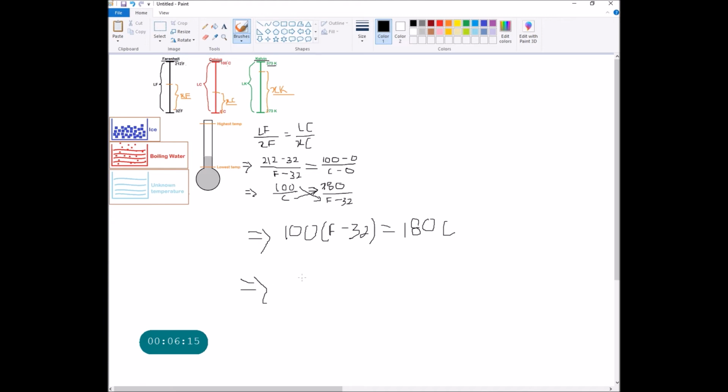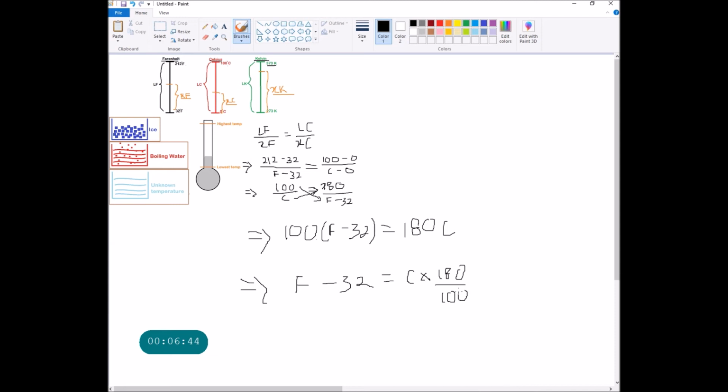So we should take this 100 to the other side, which will give us F minus 32 is equal to C into 180 by 100.